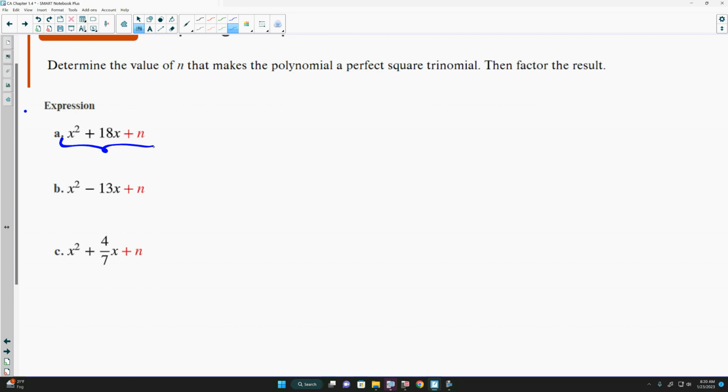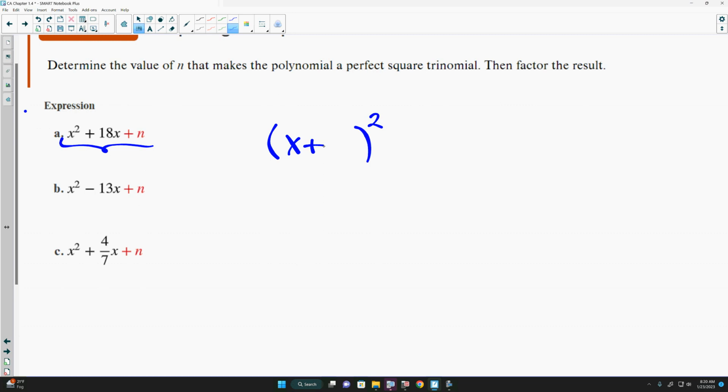But we do have something called perfect square trinomials. So we can have an expression like x squared plus 18x plus n be rewritten as x plus a number, in parentheses squared. We can rewrite it back as a single set of parentheses squared.